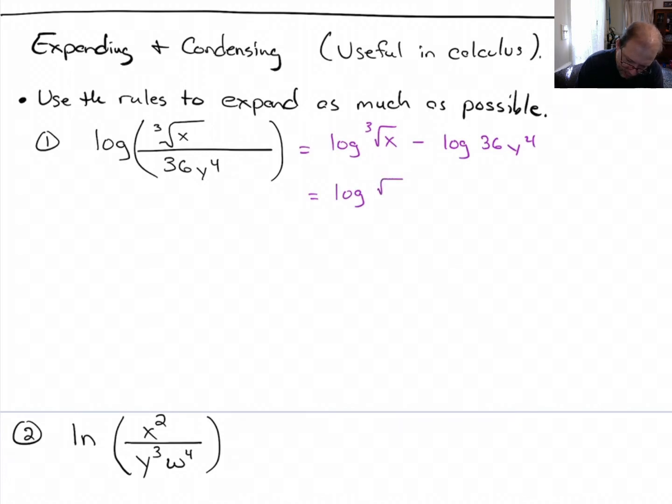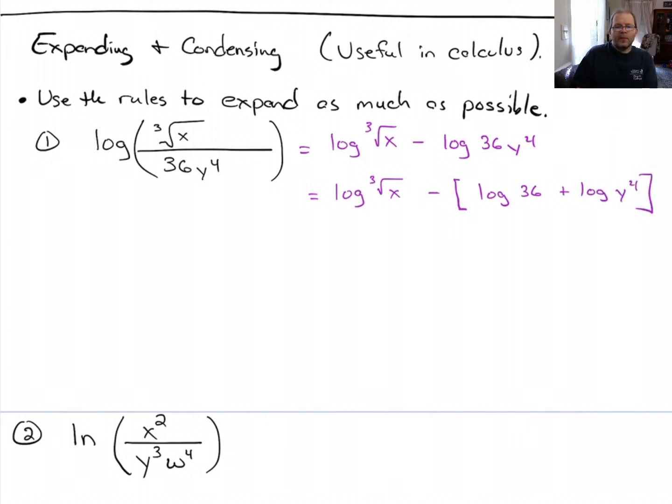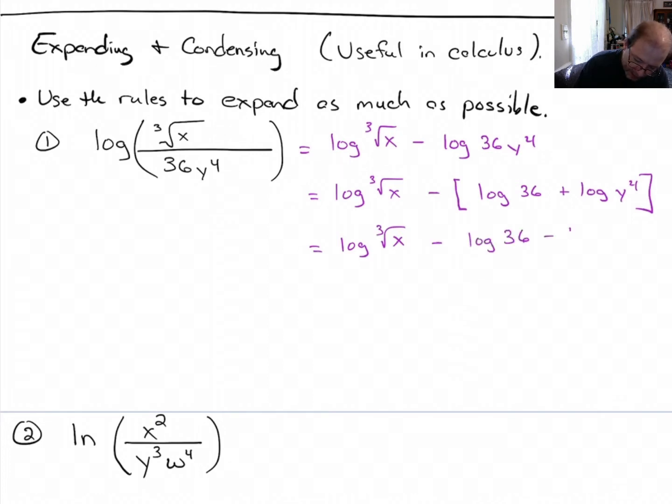Log of cube root of x minus, let's split this into log of 36 plus log of y to the fourth. All right, now we've got a negative here that needs to distribute across these. So log of cube root of x minus log of 36 minus log of y to the fourth.